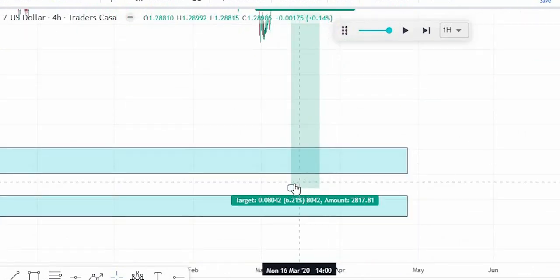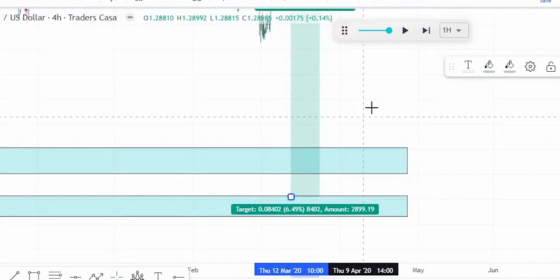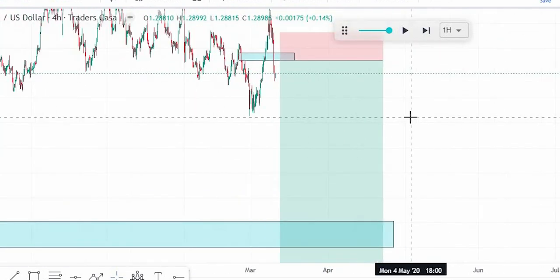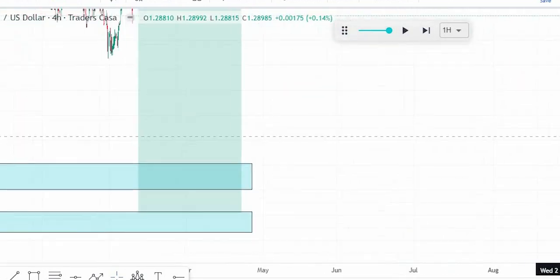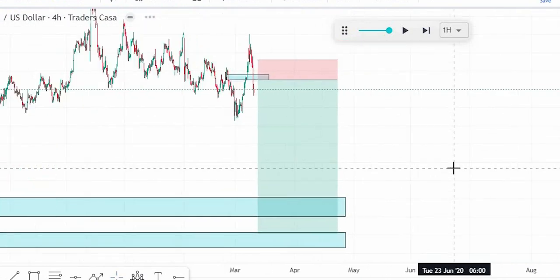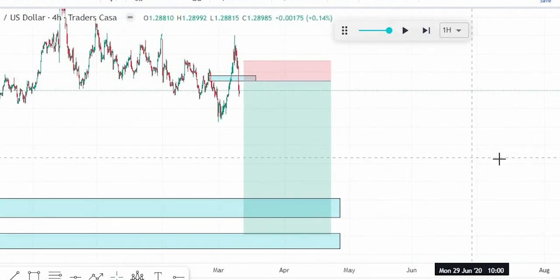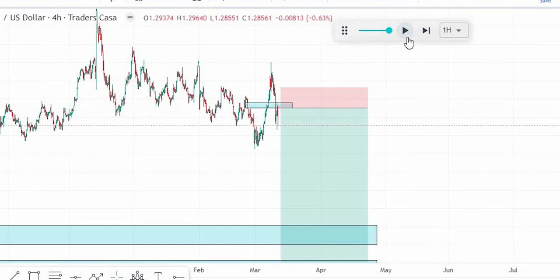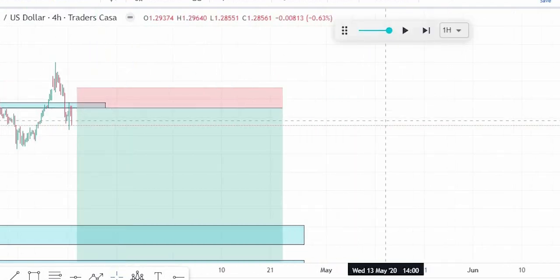Move to this zone. I could choose the last. So if you have so many fair value gaps, always pick the last one, because the last ones are usually strong, right? So what we're going to do now is wait for the market to enter that zone right there. So you're already in the zone.